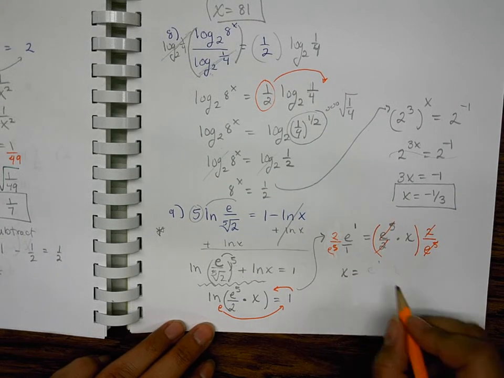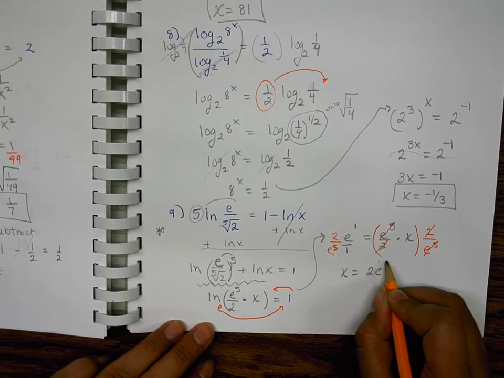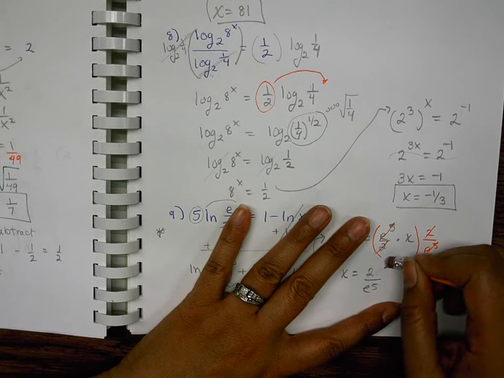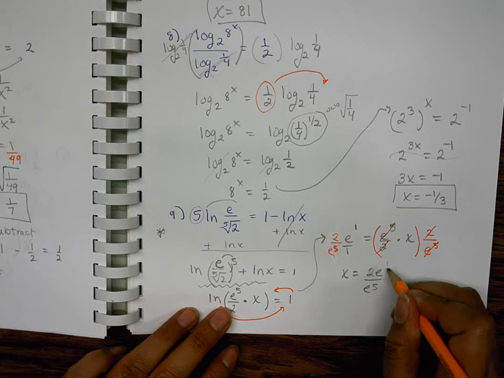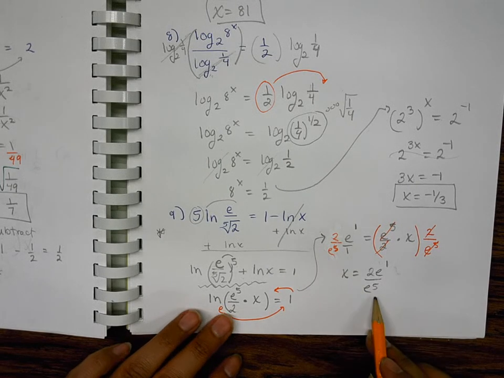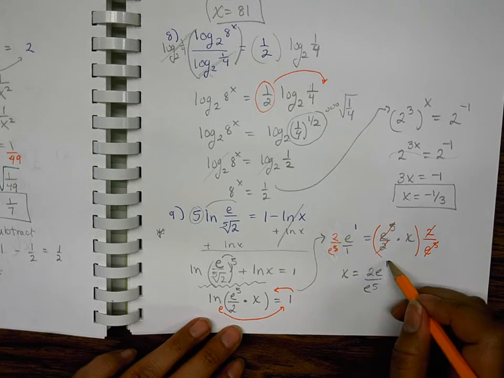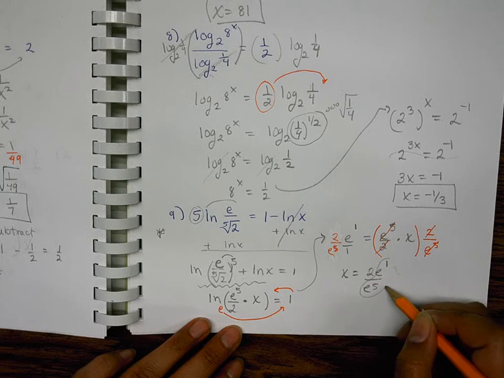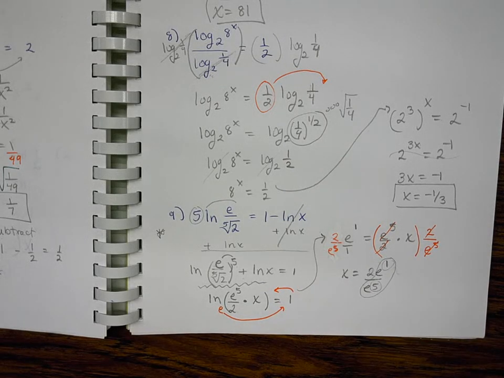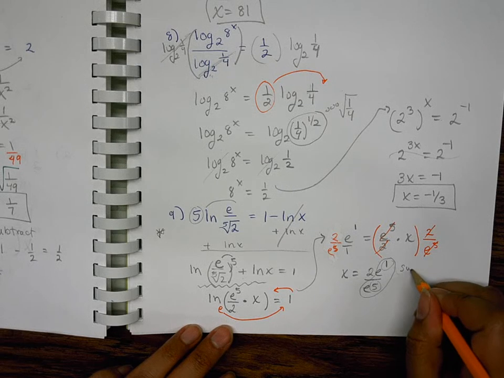What do I do over here? This is 2e to the 1st over e to the 5th. Can I simplify that? 2e to the 1st, because 2 times e is 2e. E to the 5th times 1 is e to the 5th. These right here are like bases, so what can I do with their exponents? Subtract.